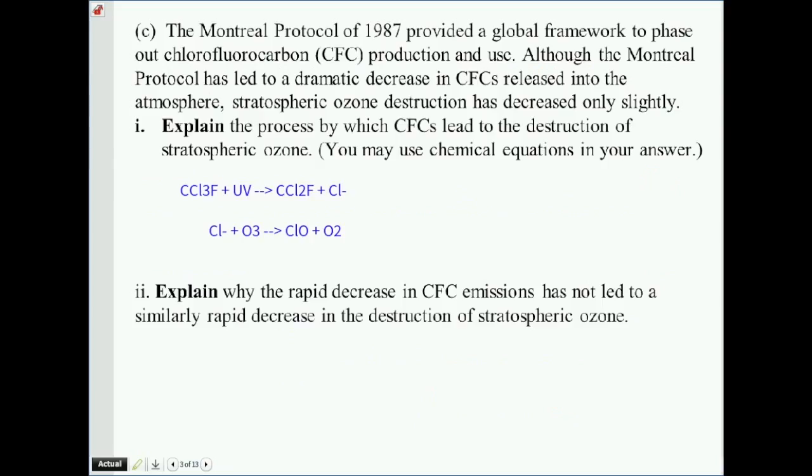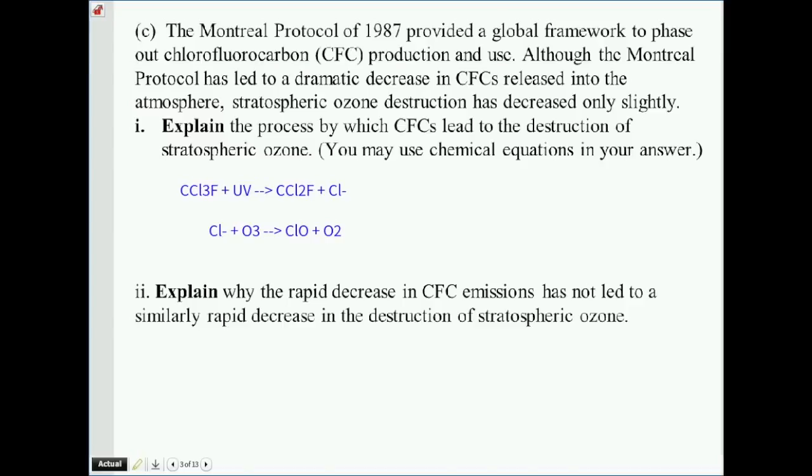But this ClO can actually go ahead and form another chlorine radical, which then breaks up more ozone, or this one can actually react and break up more ozone. And so it's basically like a chain reaction. It just keeps happening, right?